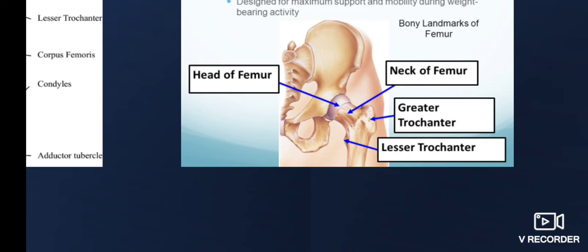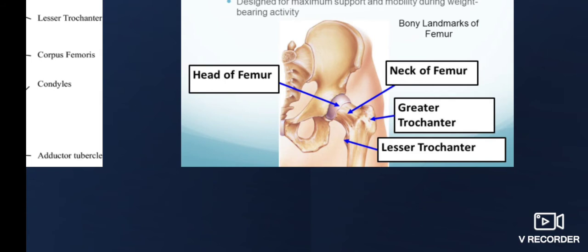They are connecting the greater trochanter with the lesser trochanter. That's the difference: the line is present anteriorly, the crest is present posteriorly.